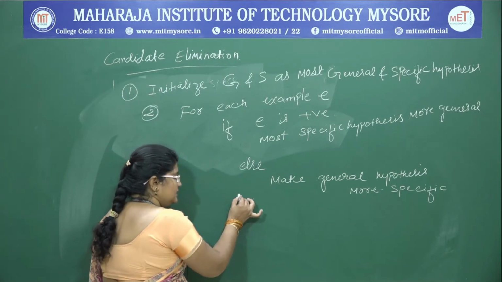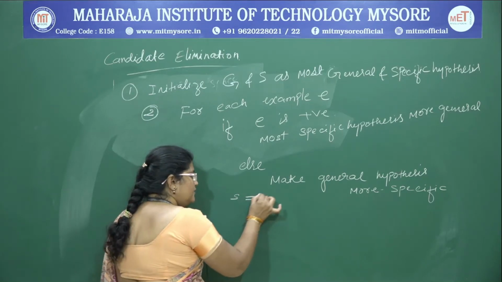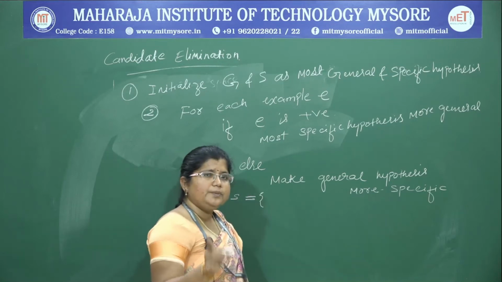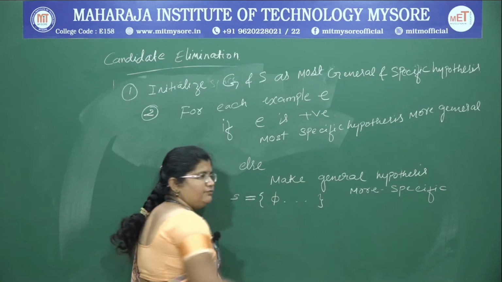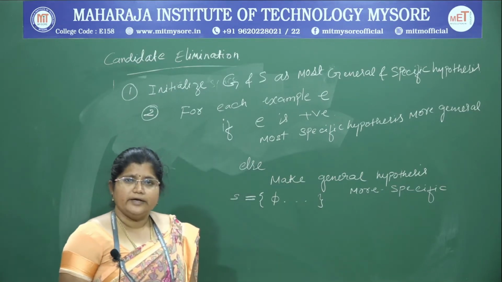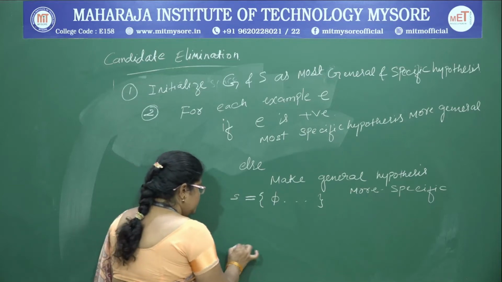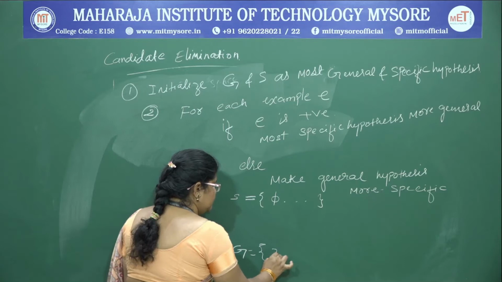The most specific hypothesis S is always represented by a set of phi, and the most generic hypothesis G is represented by question marks.